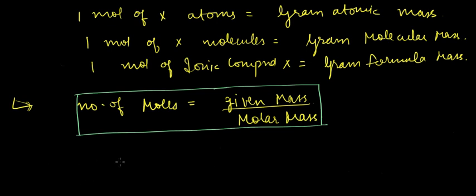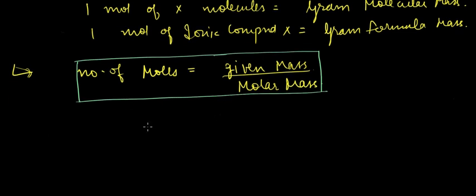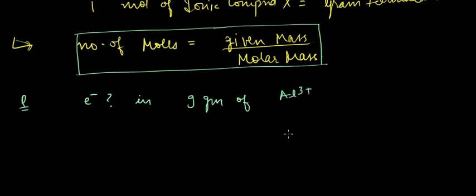Now let's actually do a question on it. You have to calculate the number of electrons in 9 gram of Al3+. Aluminium contains 13 electrons and Al3+ will contain 10 electrons.